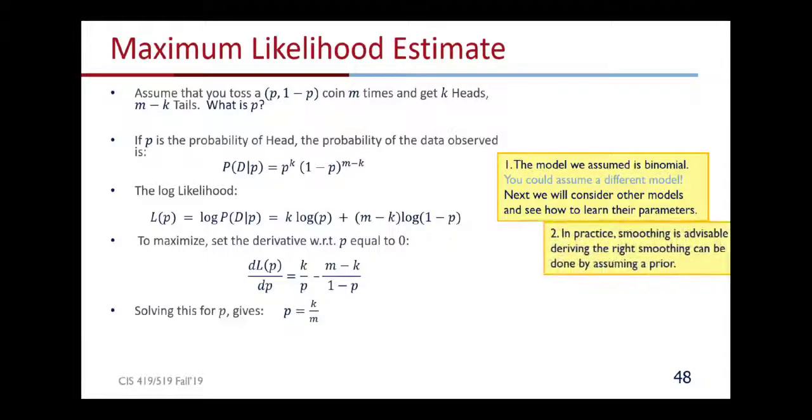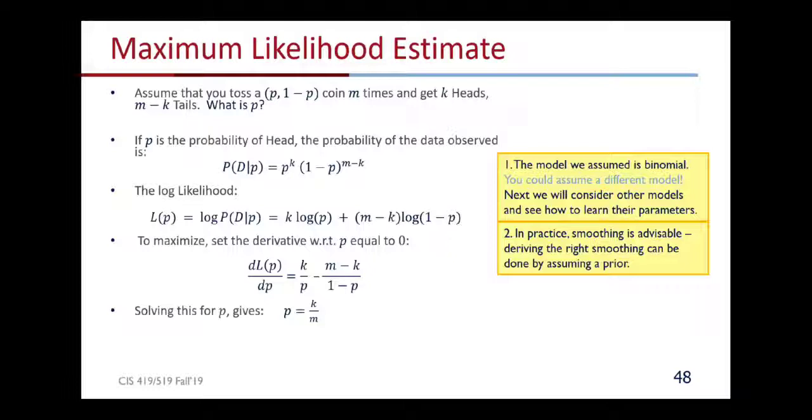If k is very small, m is very small, you want to be able to smooth it away from 0, because it's okay to assume that these things can happen, maybe low probability events. Once you toss it 1,000 times, maybe 0 is a little bit more believable. Even then, you will probably try to keep it away from 0.